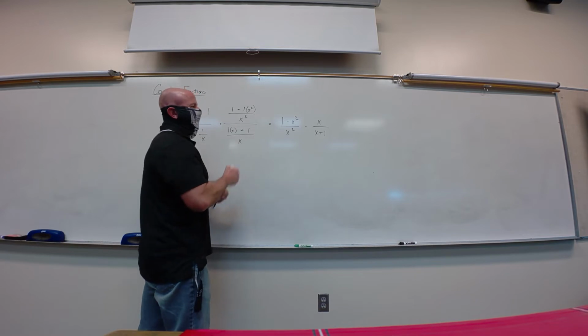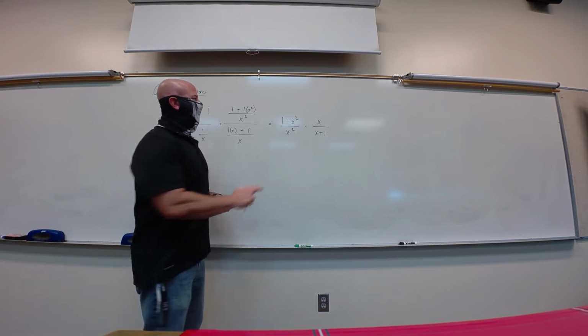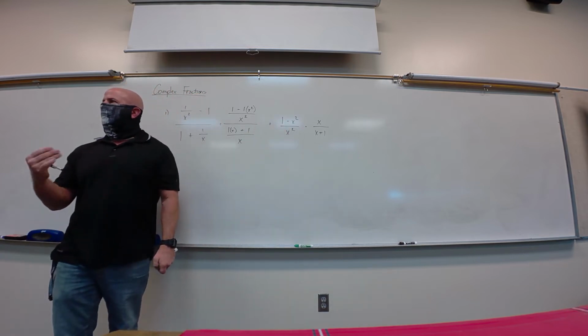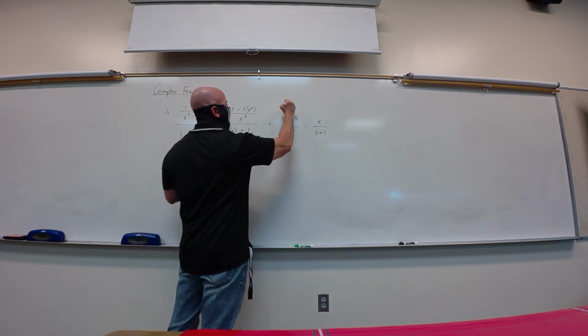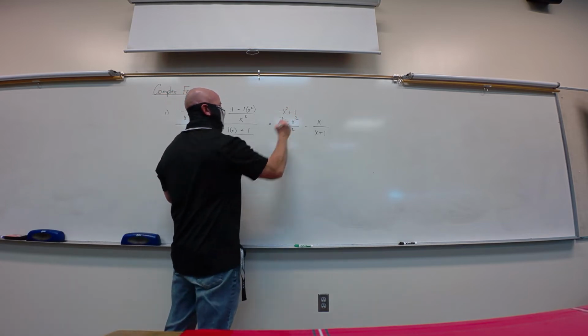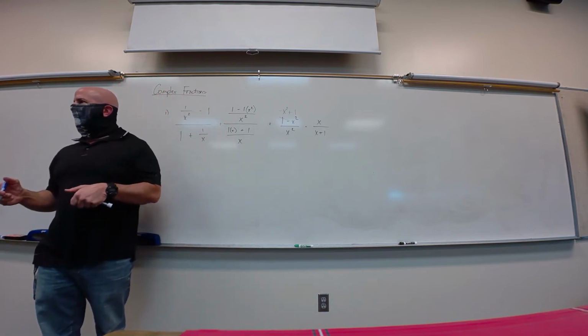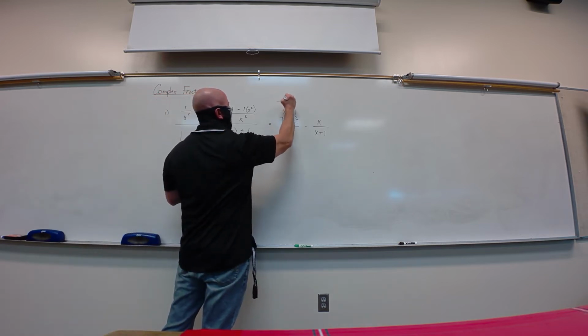Here we go. First off, we realize from our old factoring rules, this guy's in the wrong order. Remember, x is supposed to be first, so I'm going to rewrite that as negative x squared plus 1. Now let's think about all of our factoring. We don't leave with a negative, so I'm going to factor a negative out.